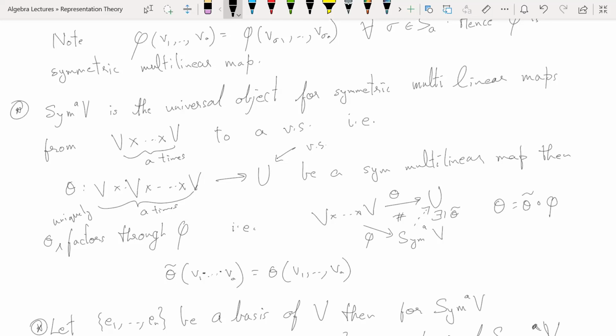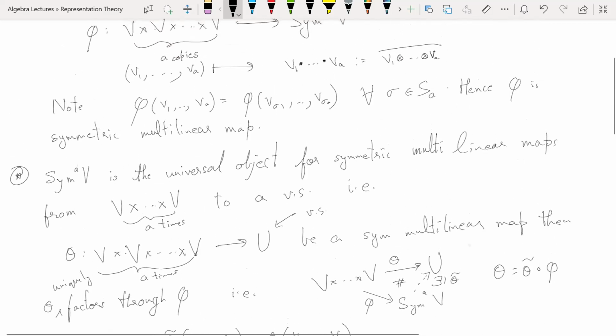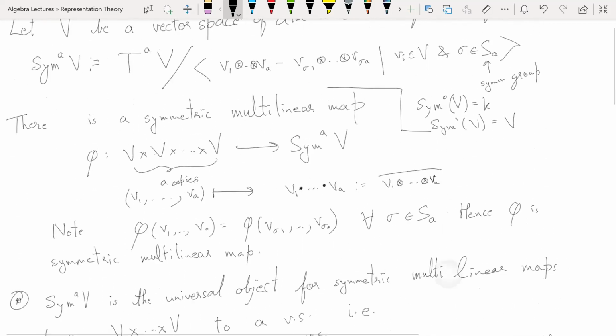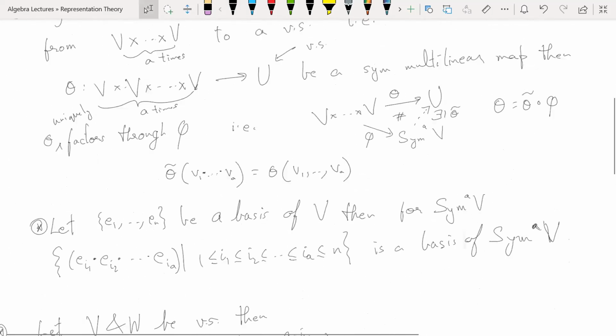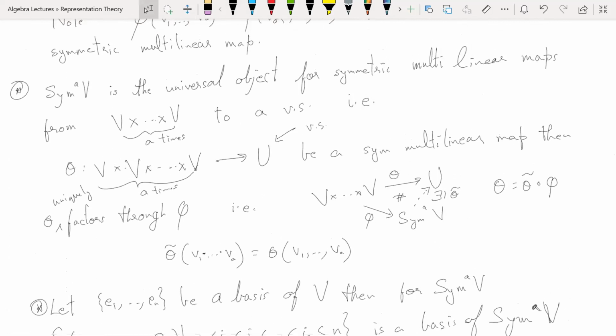Then any multilinear map factors through the tensor product. So theta will factor through T^A V to U by the universal property of tensor products. And then since theta is symmetric, it will be 0 on this subspace, so that tells you about the kernel.